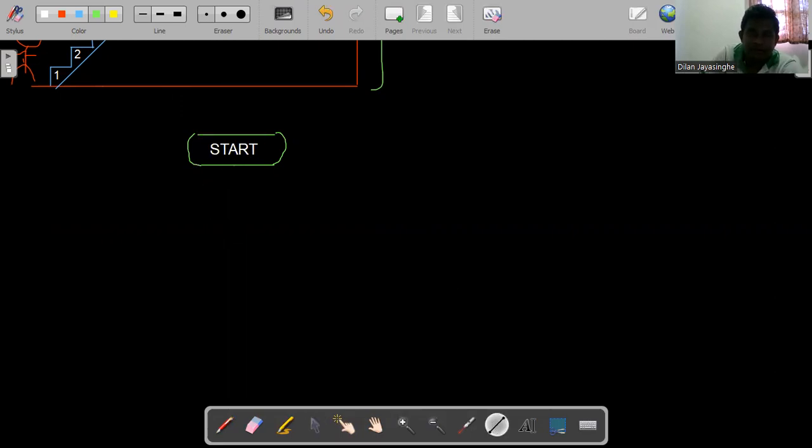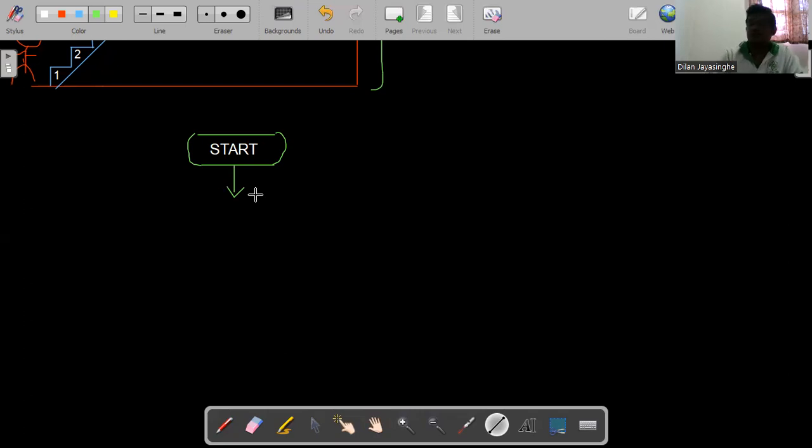Then what should be the next? Now we started. As a next step, what do we have to do? We have to input data. What is the data? Any kind of three numbers, any three numbers. Right? So then we have to present that step.